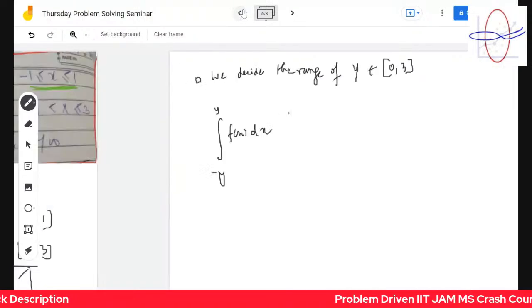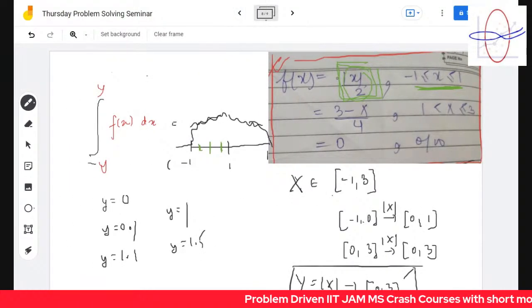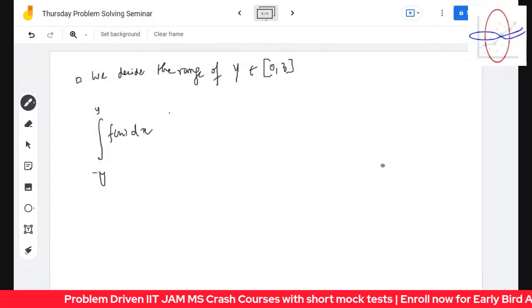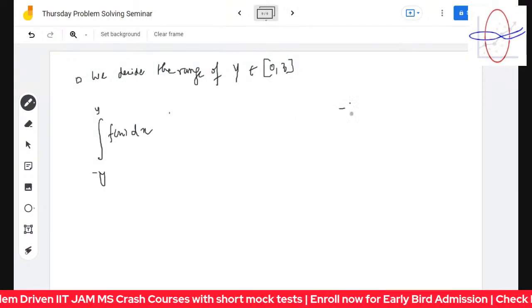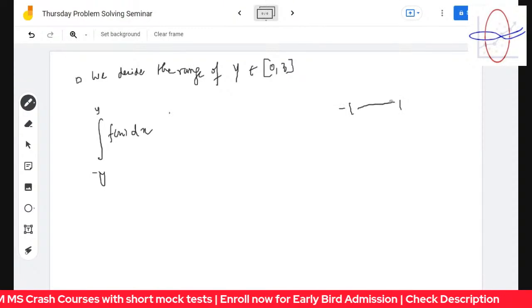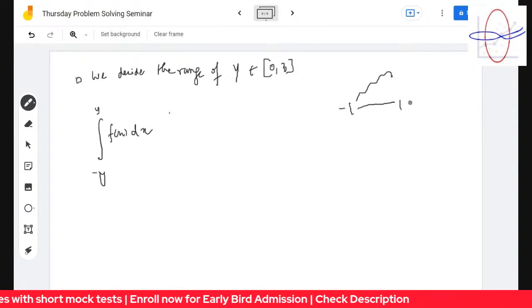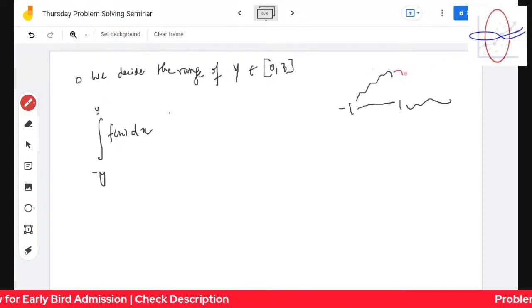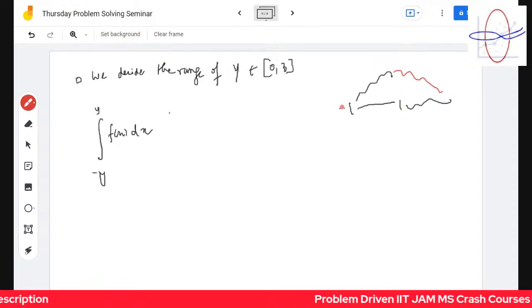The source of the problem is that f(x) is defined differently in different regions. So between minus 1 and 1, f(x) is defined one way, and between 1 and 3, it is defined in a different way. That's why I cannot take a uniform integration. I cannot put one single formula. So what I need to do is break it up.